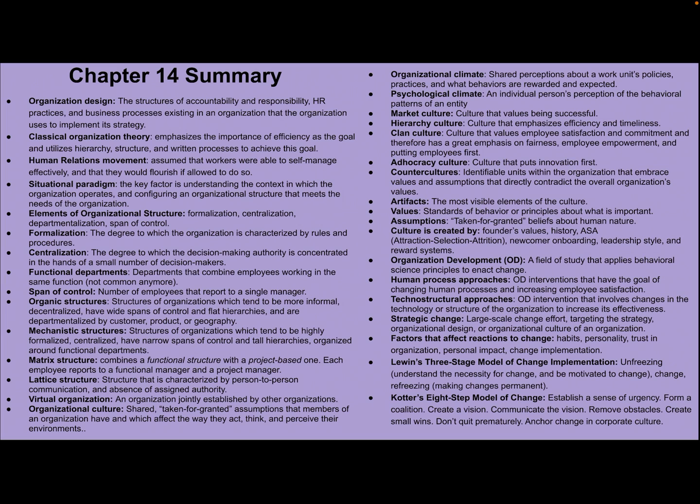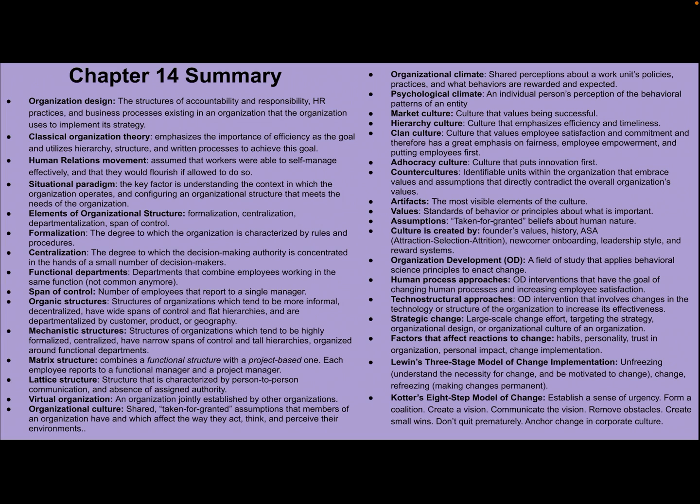Culture is created by the founder's values, the company's history, the attraction, selection, attrition cycle, newcomer onboarding, leadership style, and reward systems. Remember, leaders can model desired behavior, they can reward desired behavior, they can punish undesired behavior.